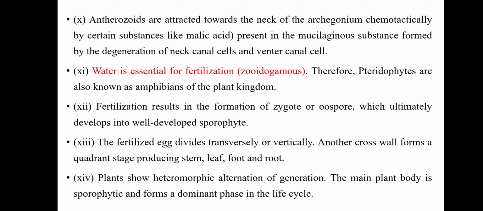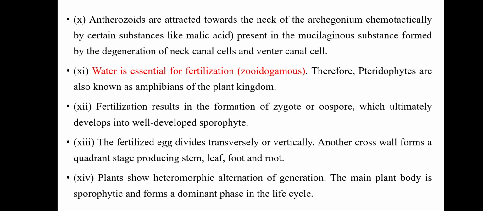Fertilization results in the formation of the zygote or oospore. The fertilized egg divides transversely or vertically. Another cross wall forms in the quadrant stage, producing stem, leaf, foot, and root. Plants show heteromorphic alternation of generation. Heteromorphic means the two phases of the life cycle have different morphologies.